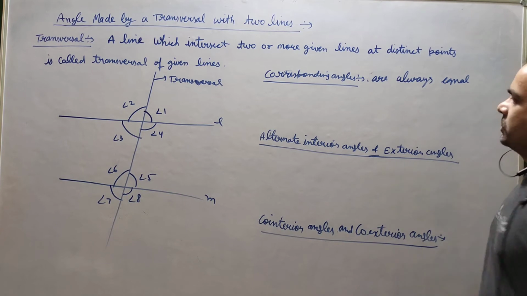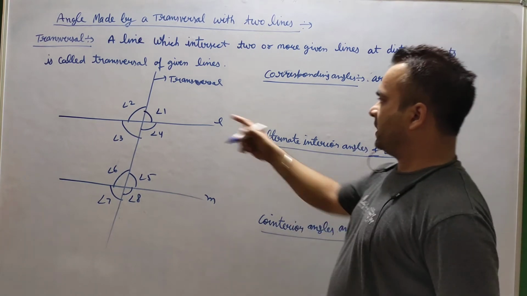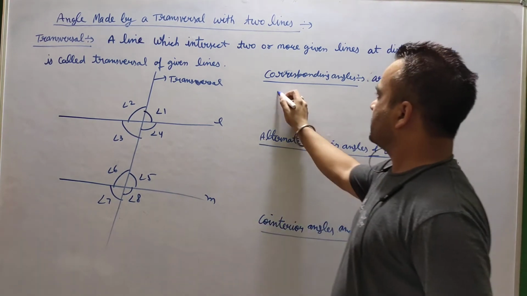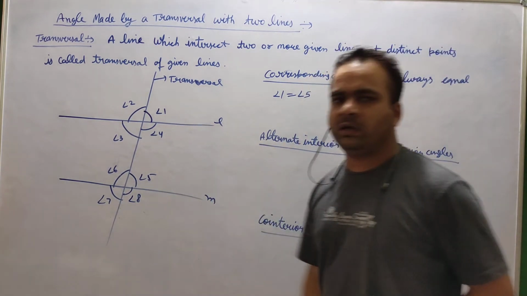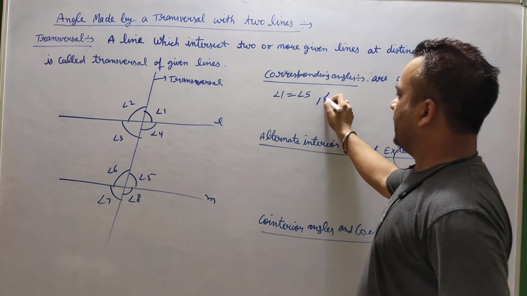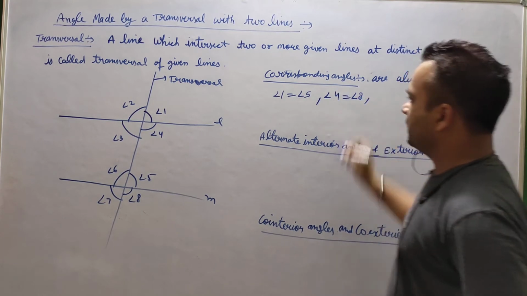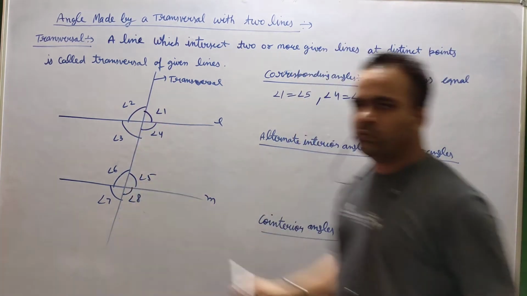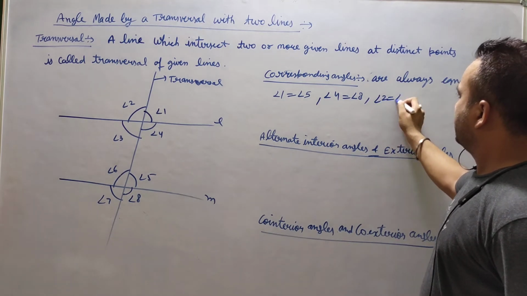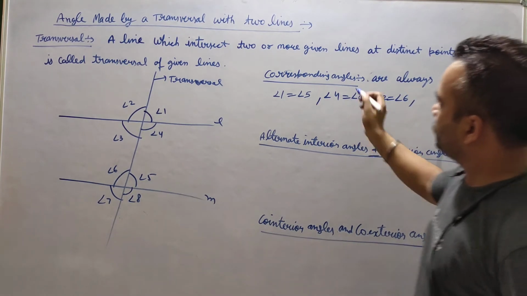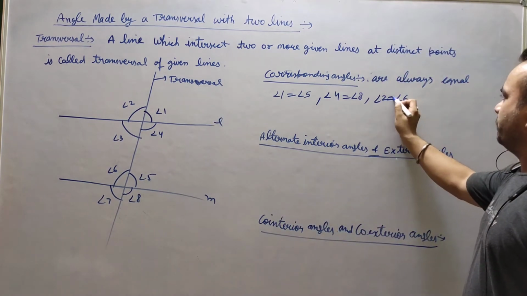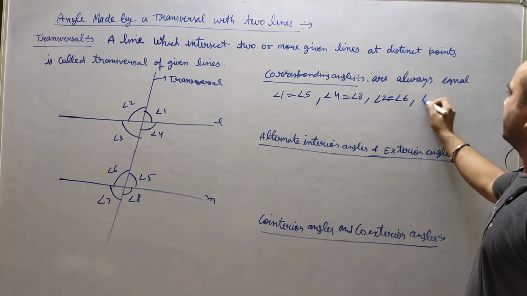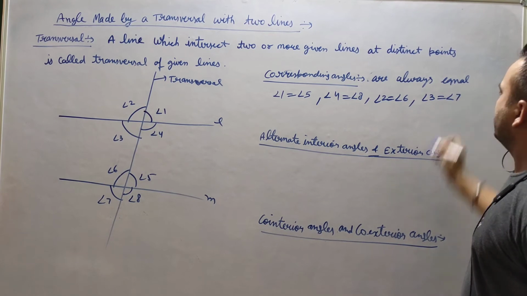So in terms of angles, angle 1 will be equal to angle 5, because angle 1 and angle 5 are corresponding angles. Angle 4 is equal to angle 8. Angle 2 will be equal to angle 6. If you have understood the groups of corresponding angles, you put an equal sign between them, and angle 3 will be equal to angle 7.